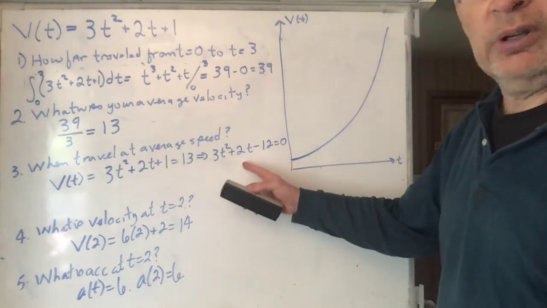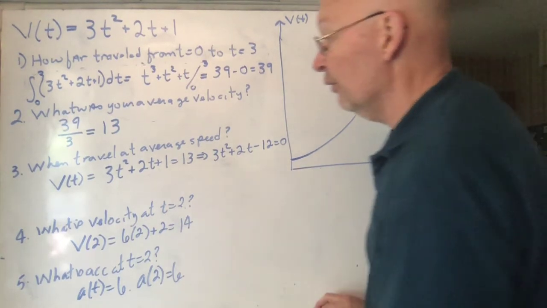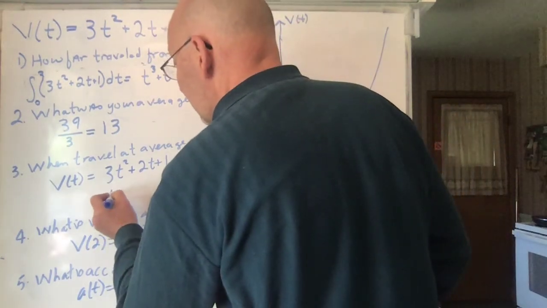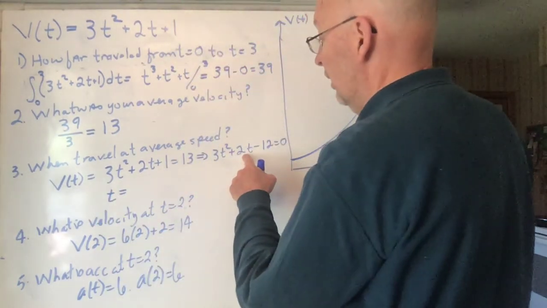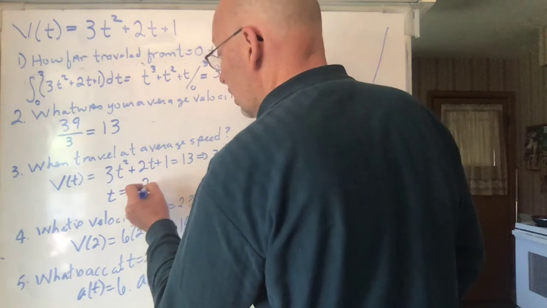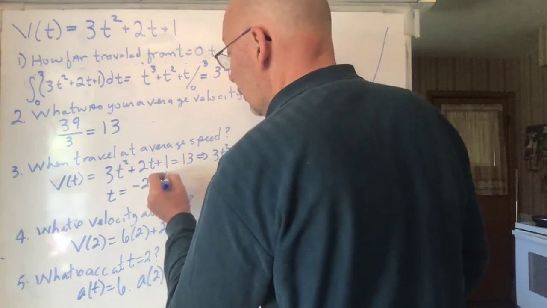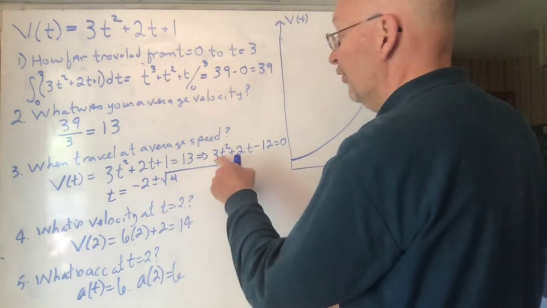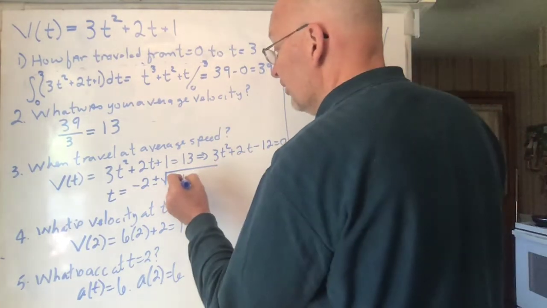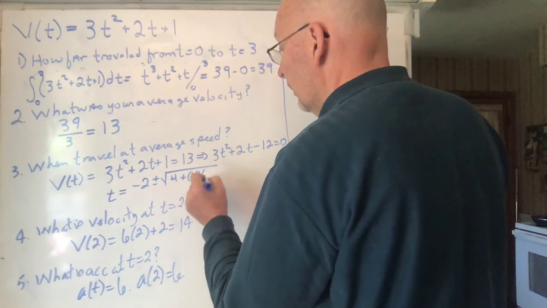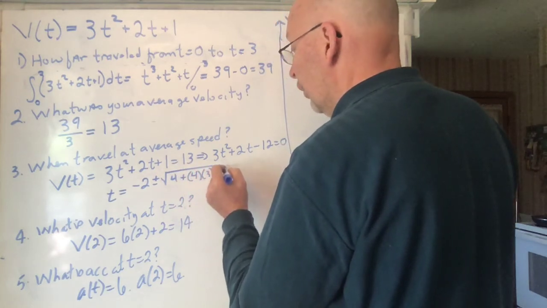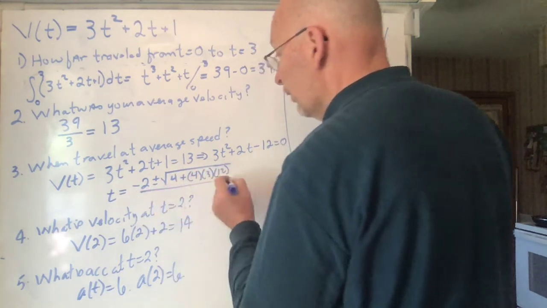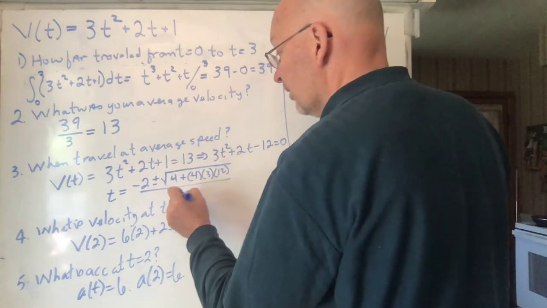And so now, in order to find out the value of t that makes that 0, you need to use the quadratic formula. So t is going to be negative 2 plus or minus the square root of 2 squared is 4, minus 4ac. So it's going to be plus 4 times 3 times 12, all over 2 times 3 is 6.